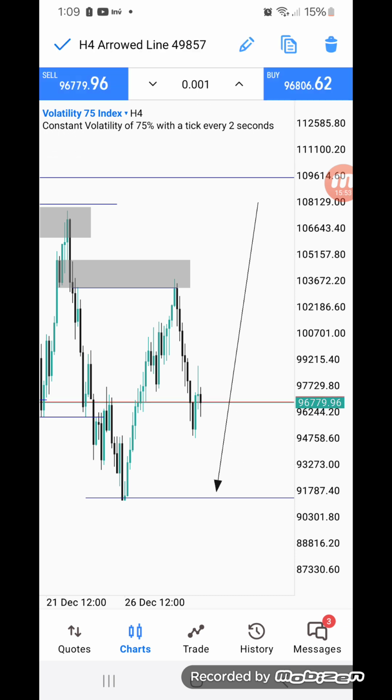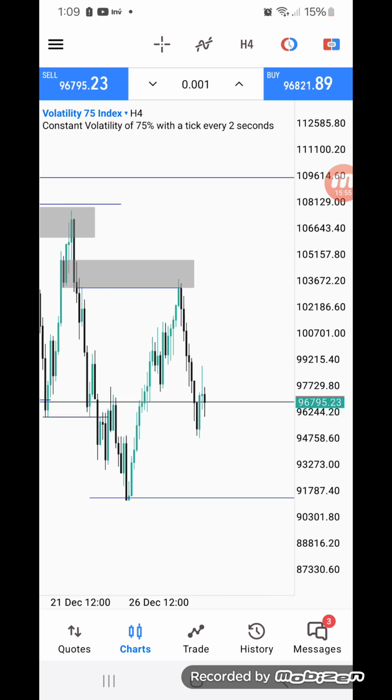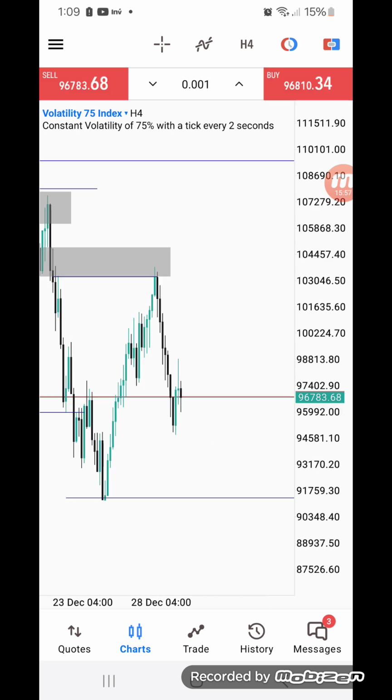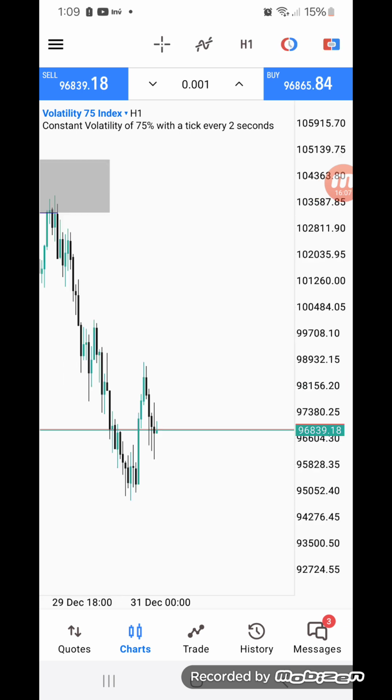Now let's see what the market did on the lower time frame. You can see where we are right now, and the market is still pushing to the downside. So let's move to the 1-hour time frame.